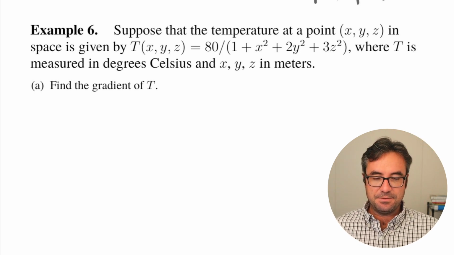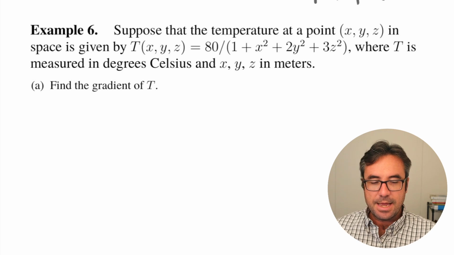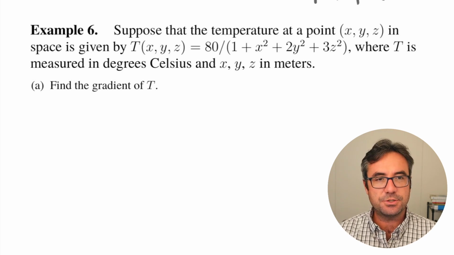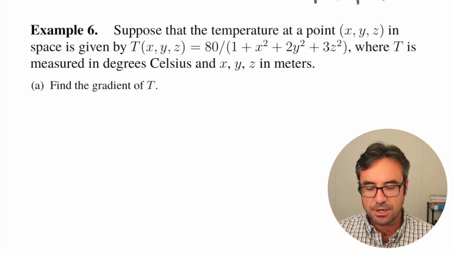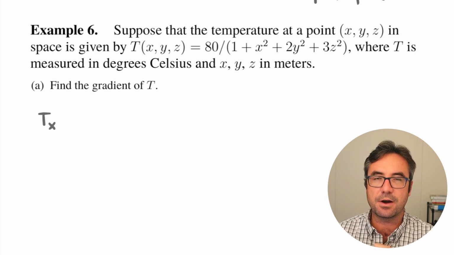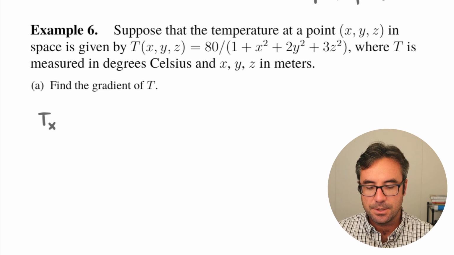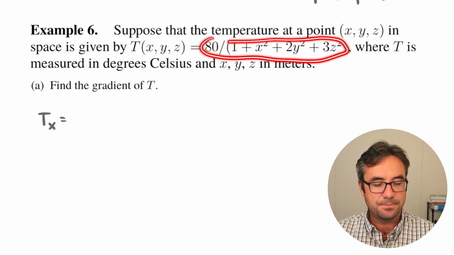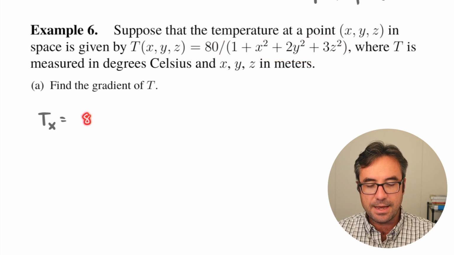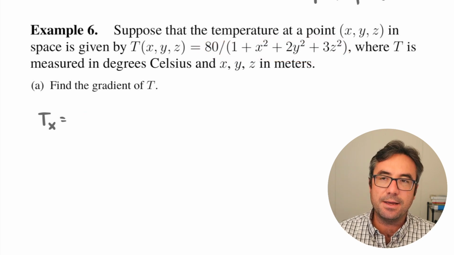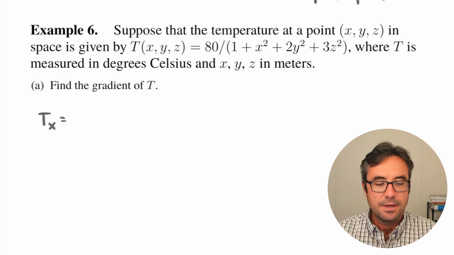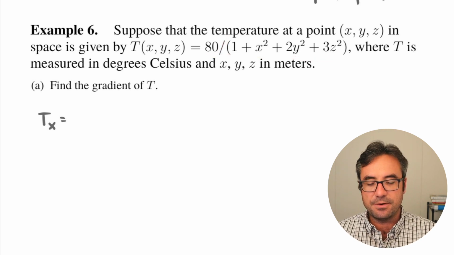All right, so let's get the gradient of this temperature function. There's going to be a little work here, not too bad, but let's start with the x partial derivative of our temperature function. So let's rewrite this function. Instead of 80 divided by, since we'd have to use quotient rule and all that, let's write this with a negative exponent.